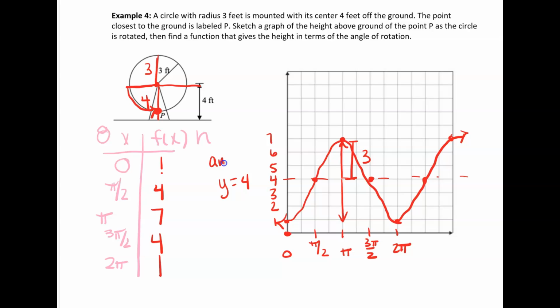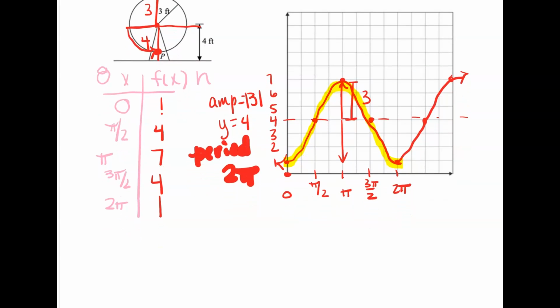And so I know that I have an amplitude of 3. And if I just look at a single period of this, it is only 2 pi. So if the period is 2 pi, let's put all those numbers together.